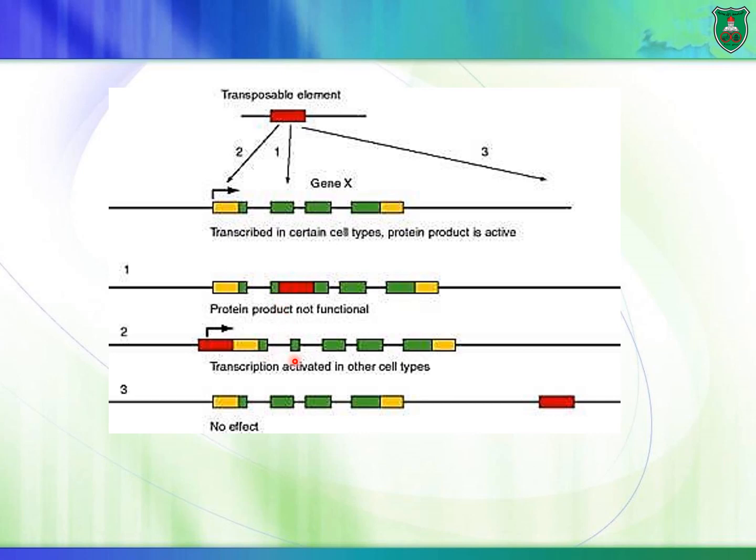Or it can insert itself close to a gene, so the gene is not regulated appropriately, meaning that the gene can be overexpressed, so you're producing a lot of RNA and protein, or it can be underexpressed. Okay, and so there's failure to express the gene or to encode the protein. And that would cause a certain disease depending on the gene that is disrupted.